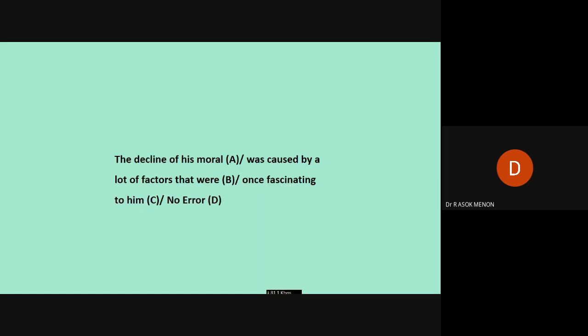Yes. Now see, the decline of his moral was caused by a lot of factors that were once fascinating to him. Shamim says A is the erroneous part, the decline of his moral. No, that contains no mistake at all.